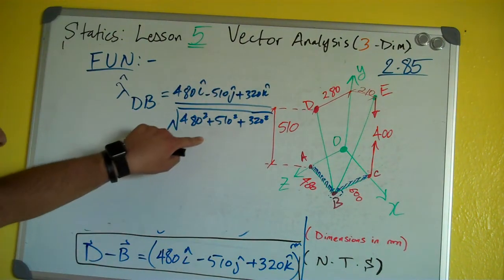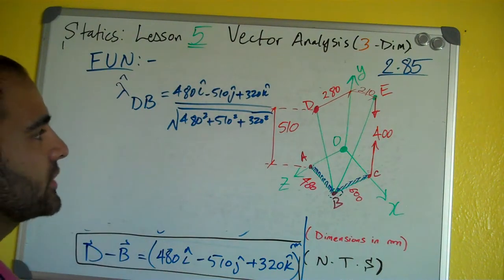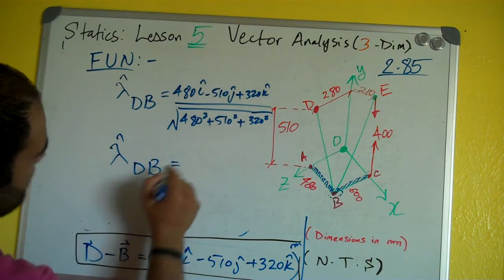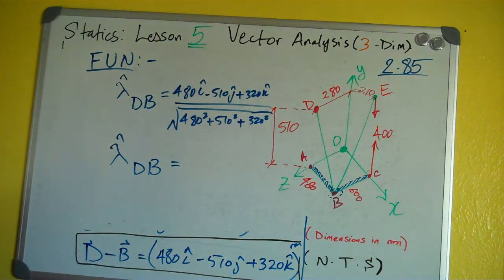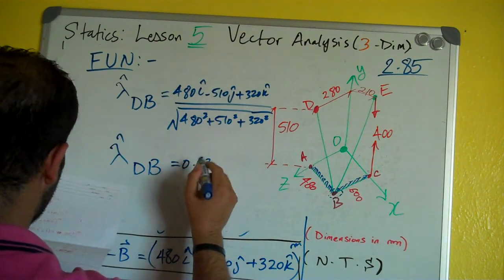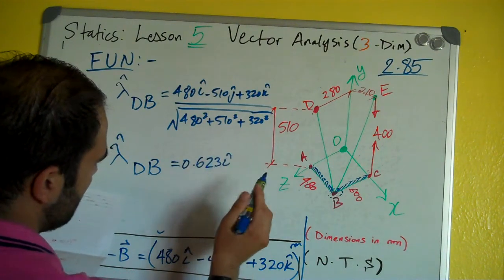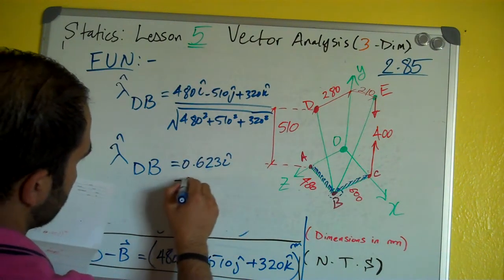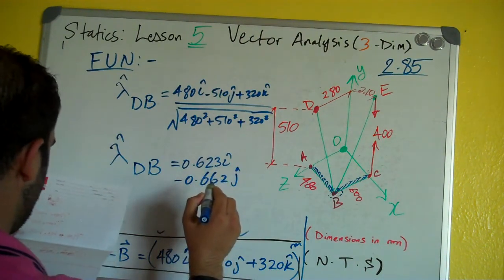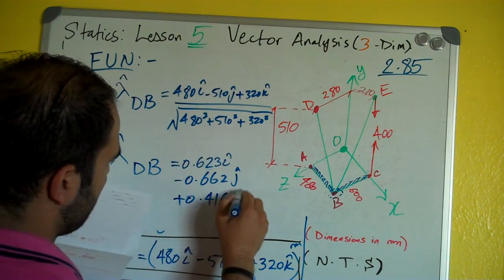Anytime you're being asked to find magnitude, you square each component. That gives us, just the numbers, 0.623 I, then minus 0.662 J, and then plus 0.416 K.